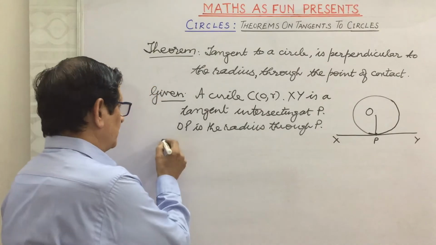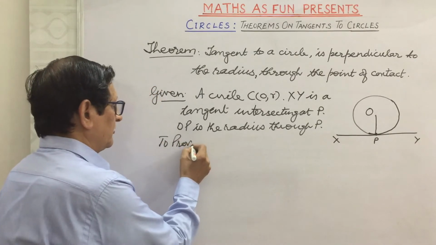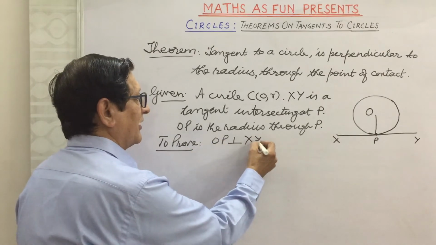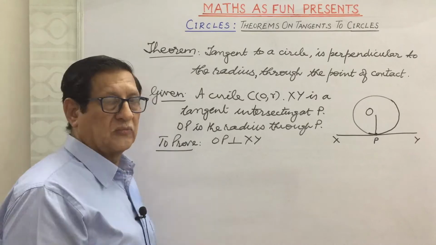Now what is to be proved? To prove: OP is perpendicular to XY. This is what we have to prove.